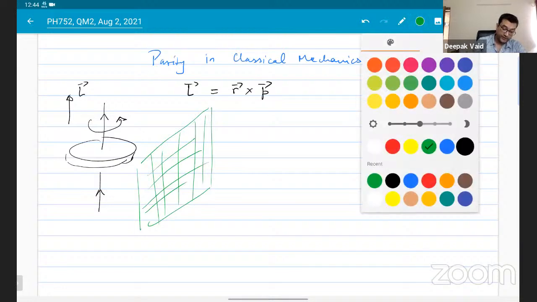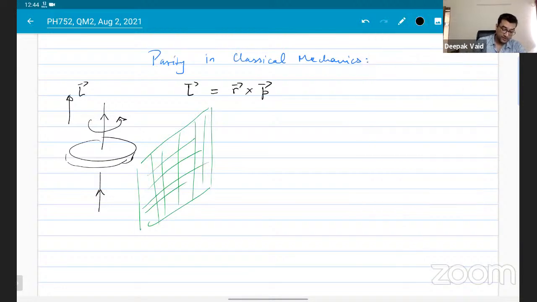When you take a reflection of this object, it's easy to see that the reflection will also be rotating, but the sense of rotation has switched, right?